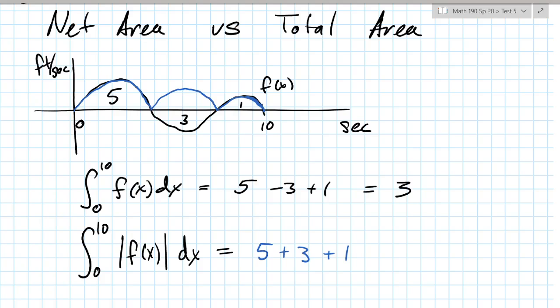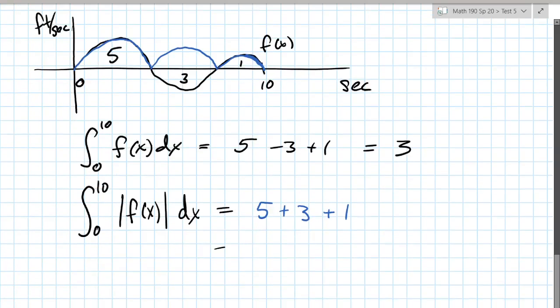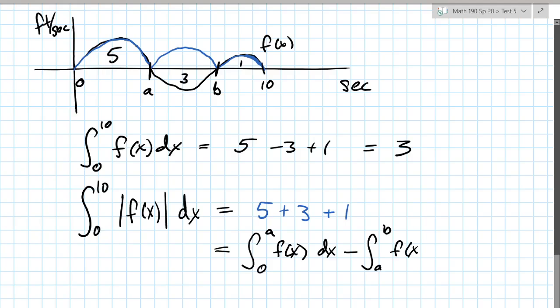Or you could think of it like this. The integral from 0 to, well, let's call this a and that b. The integral from 0 to a of f of x dx minus the integral from a to b of f of x dx plus the integral from b to 10 of f of x dx.